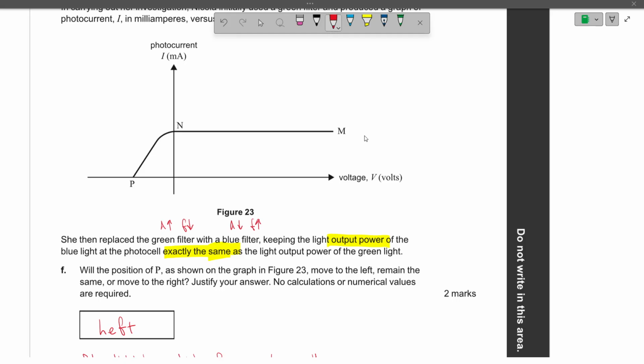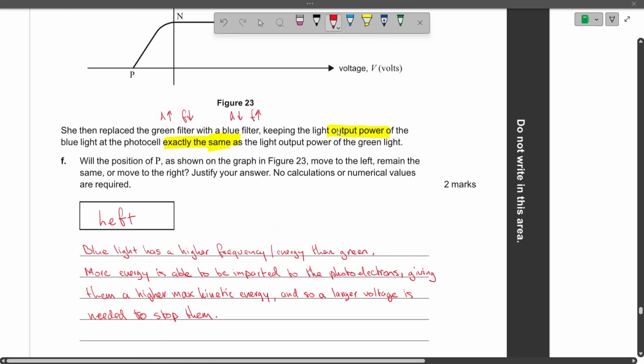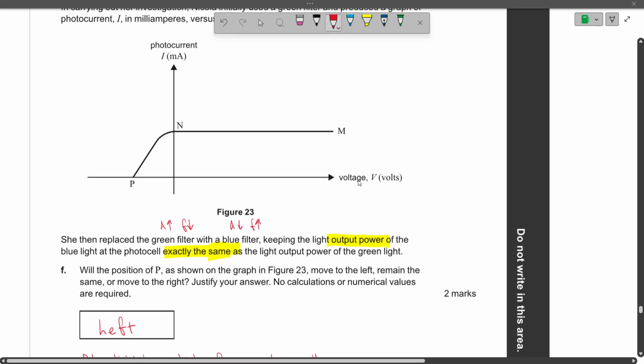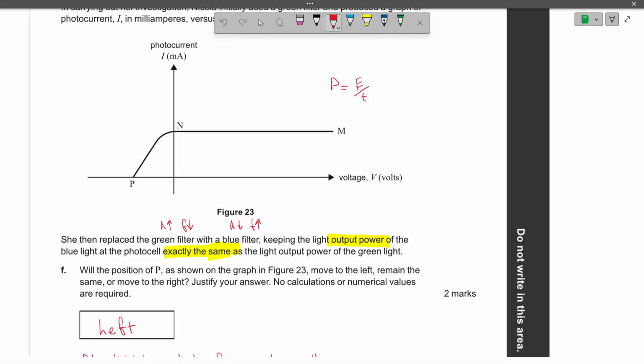So again, what's happening? Also, we're keeping the power output the same. What is power? Power is energy over time. What are we doing to the light? We are increasing its energy.